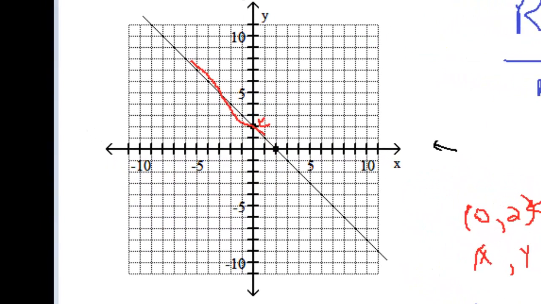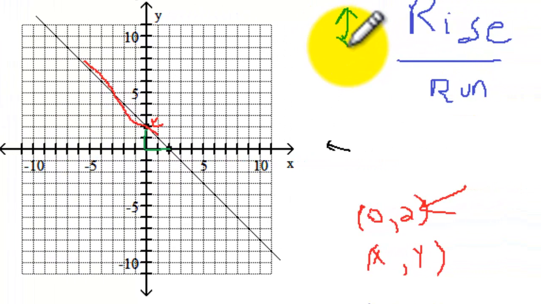Let's use a different color altogether. We have to go down until we get even with this other point, and then we go over to meet the point. And that would give us a negative 2, because I went down 2, because the rise is in the vertical direction, up or down. So from this point, I went down so I can get to the next point.